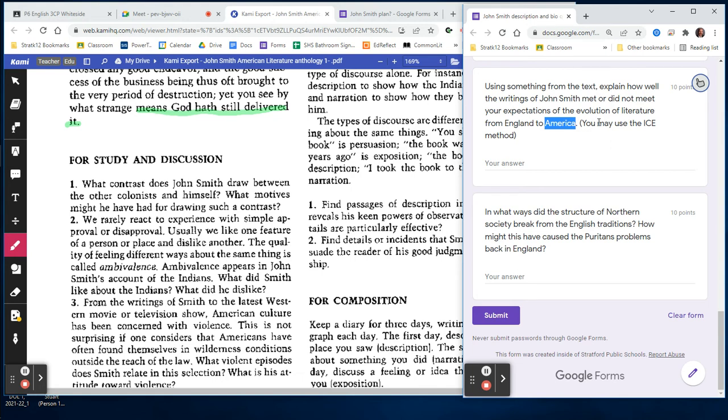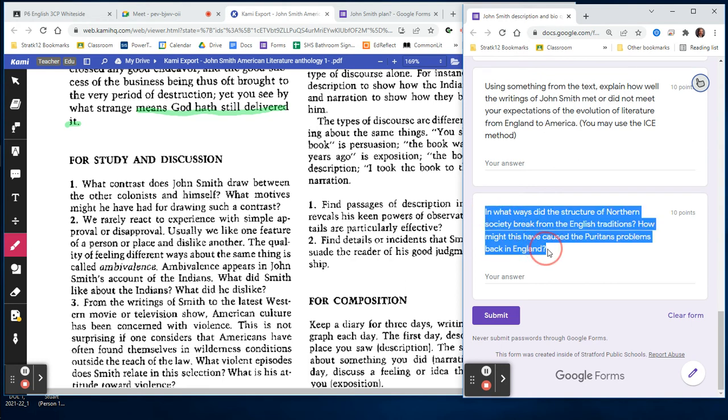Look for the explorer kind of attitude. And then the last question, in what ways did the structure of Northern society break from English traditions? How might this have caused the Puritans problems back in England? Northern society, they started to establish their own farms, right? They had their own land.